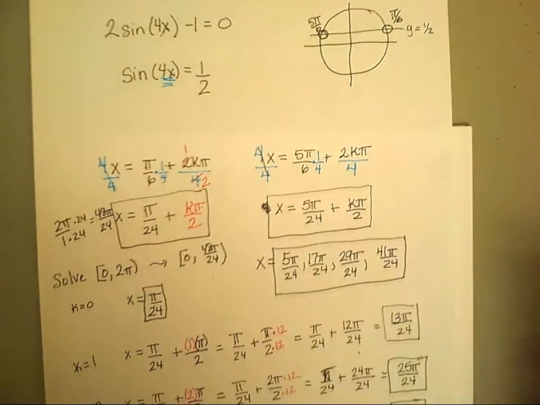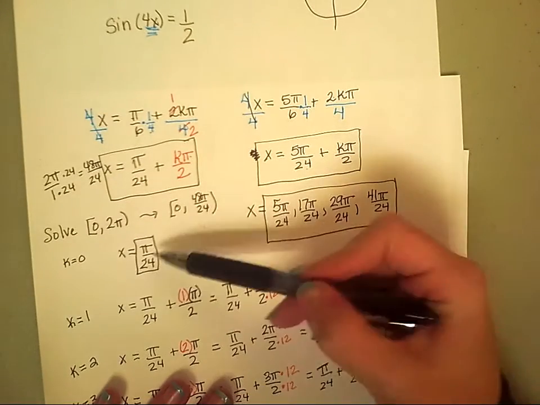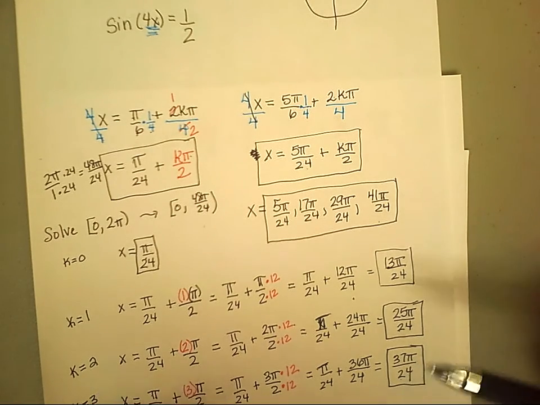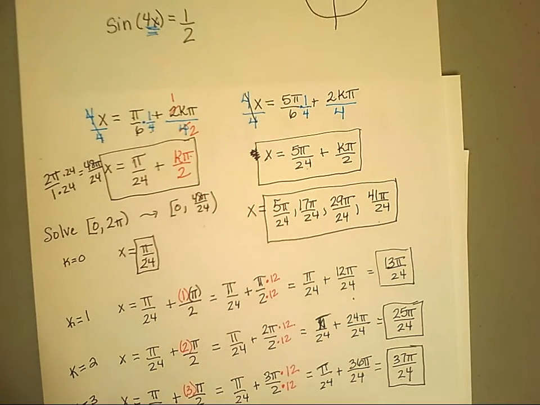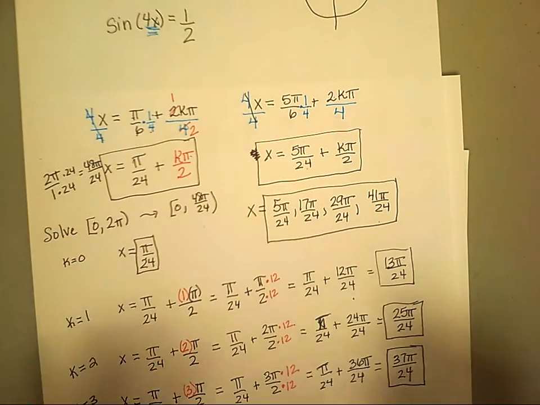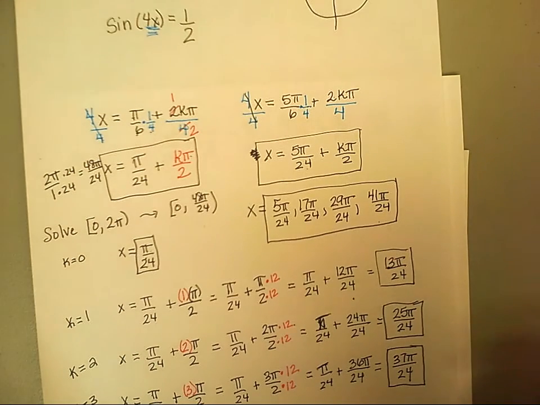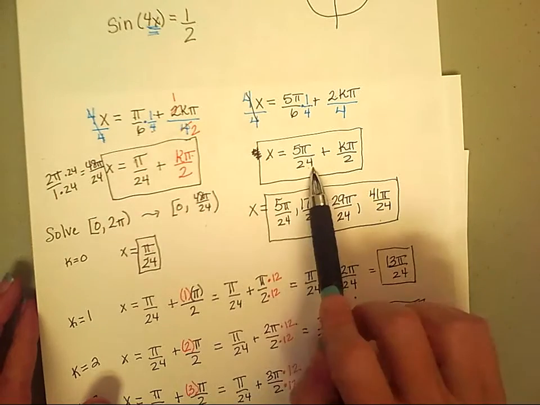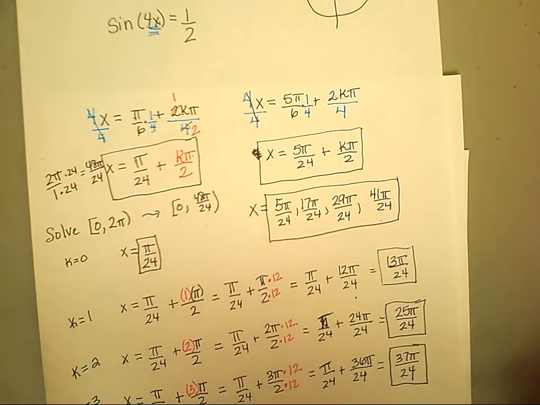So in this case, we have 8 solutions, these 4 plus these 4. So with multiple angles, it's actually much easier to solve for all solutions and leave them as such. But we'll also be solving on [0, 2π).